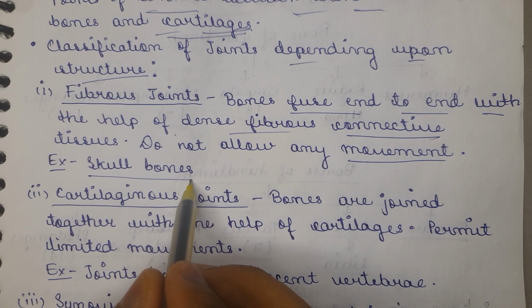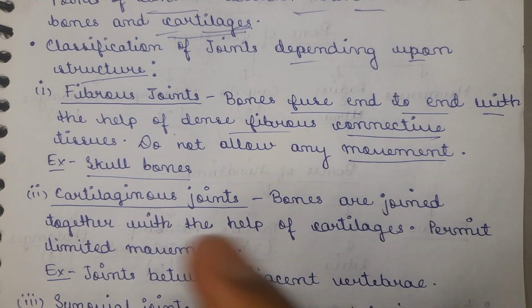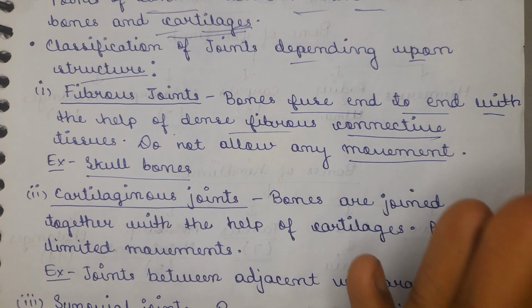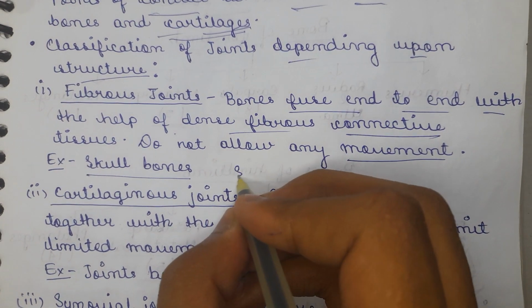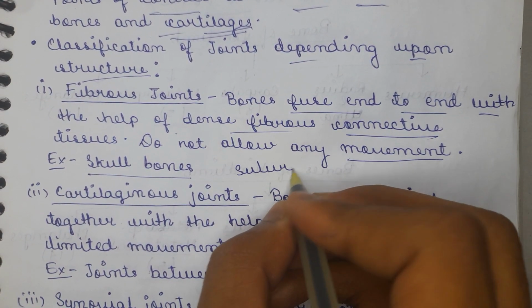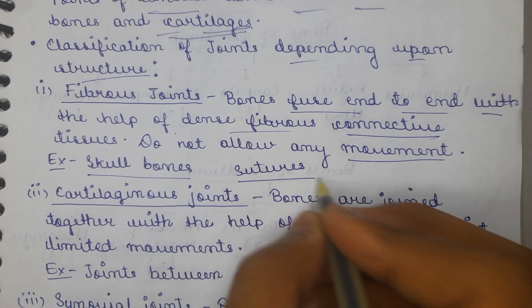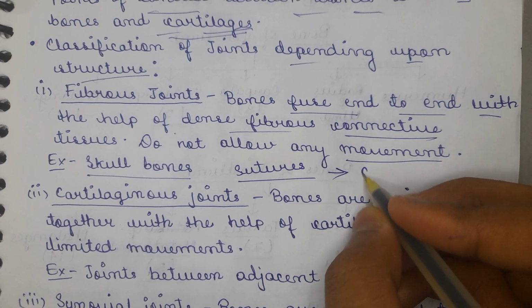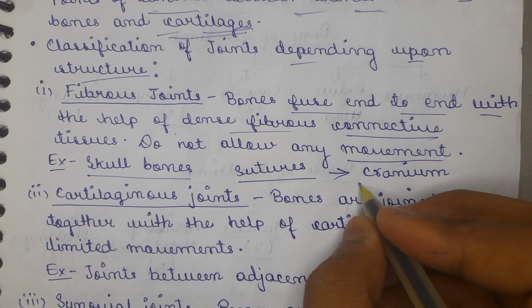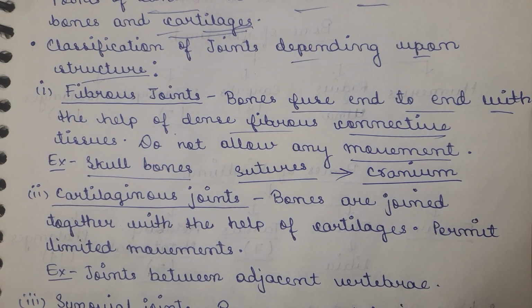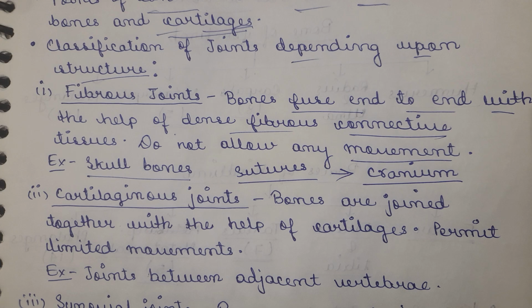In the skull bone, the bones are fused end to end with the help of dense fibrous connective tissue, which is also called sutures, to form the cranium. And the cranium is the hardest layer that is present over the skull.